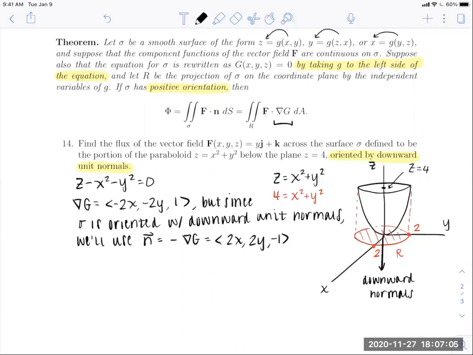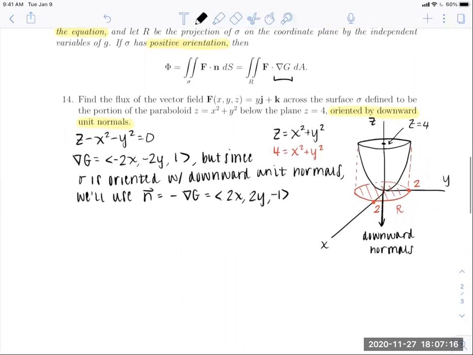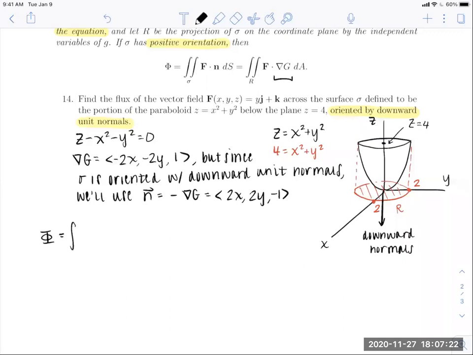All right, so we have our gradient g, we know f, that's given to us, and we have already sketched our surface with our projection. So we see what our region R is. Let's set up our flux. All right, phi would normally be the surface integral over sigma of f dot n dS.